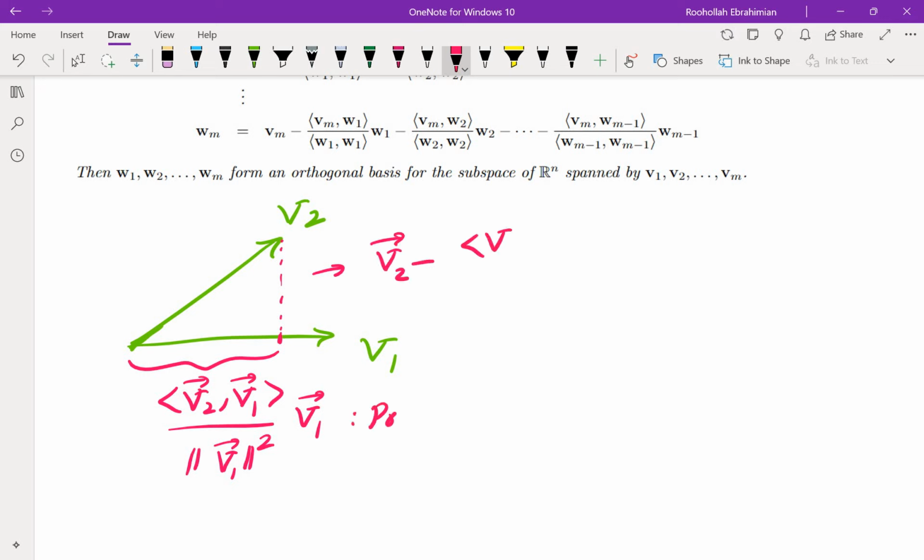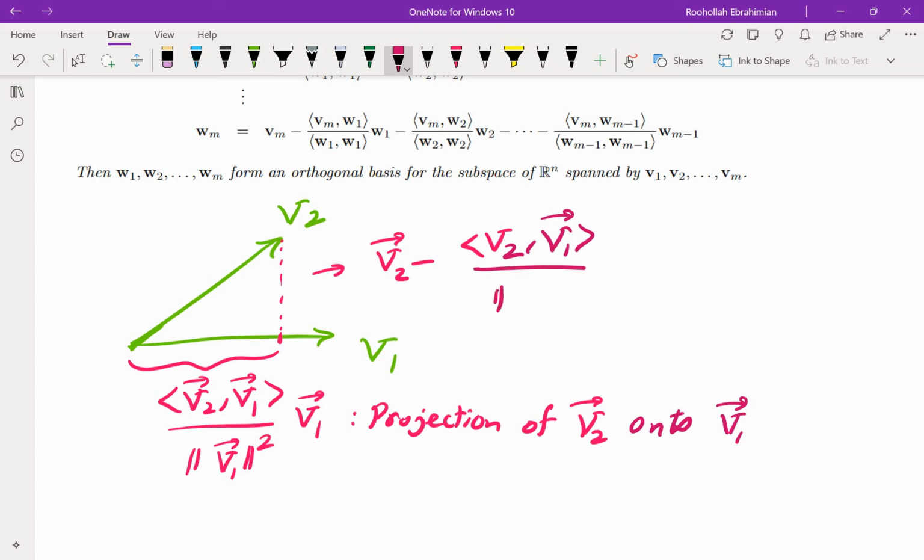So this vector is the projection of v2 onto v1. If we subtract the projection from v2, we get v2 minus the inner product of v1, v2 divided by the length of v1 squared times v1.